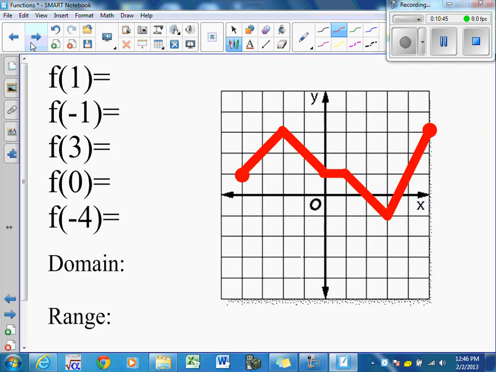Now, some of you got to the questions on the Khan Academy last week where we looked at this. We're going to find the functional value f of 1, f of negative 1, f of 3, f of 0, f of negative 4, given the graph. And this was fairly easy once you learned how to do this. So if I wanted to find f of 1, I go to my x-coordinate 1, and I say, well, what is the y-coordinate? 1.